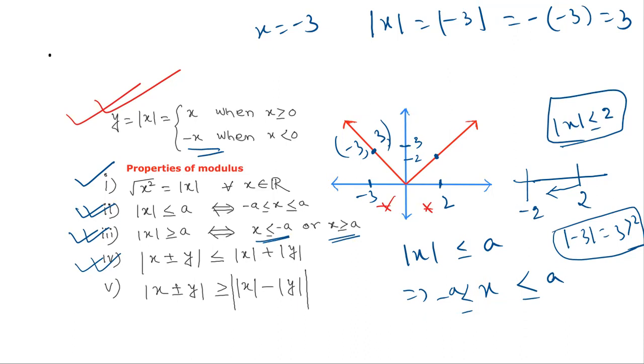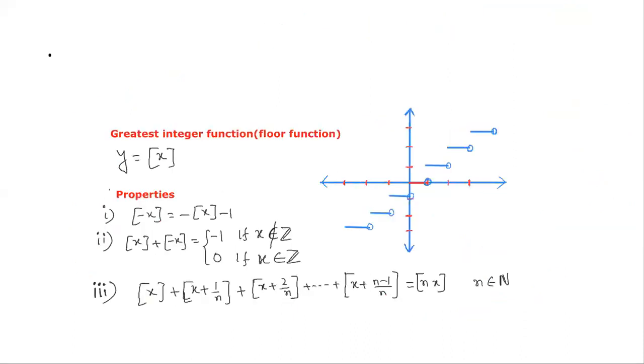Now I will go to another function, that is the greatest integer of x. To draw this greatest integer function, let me teach you some tips. Greatest integer of 3.5 will become 3, because if you see the graph of the greatest integer function, this is 1, 2, 3.